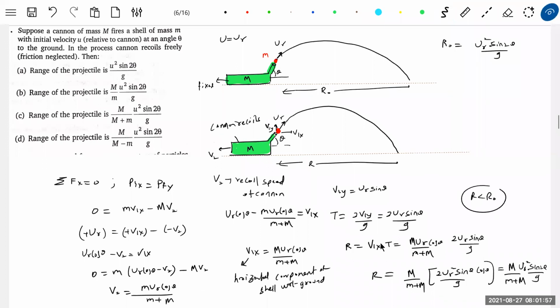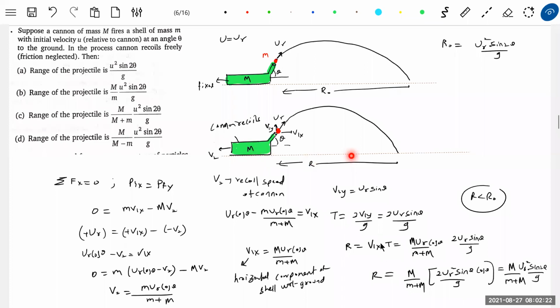So if the cannon recoils more, what is the problem? The range will decrease. Therefore making the cannon heavier is very important. If you make the cannon heavier, transportation is a big problem. If you go back some 100 years, the cannons used to win the battle. Now we have aeroplanes, tankers, everything. Prior to the 19th century, the cannons only used to win the battle.